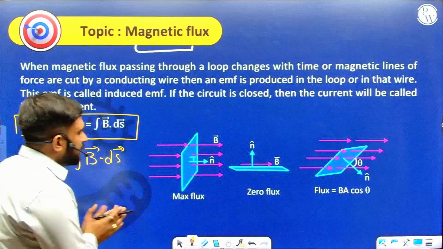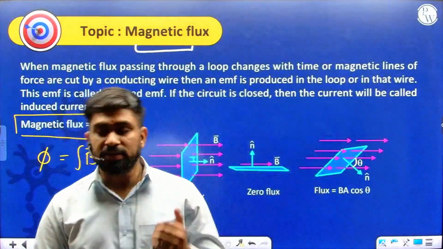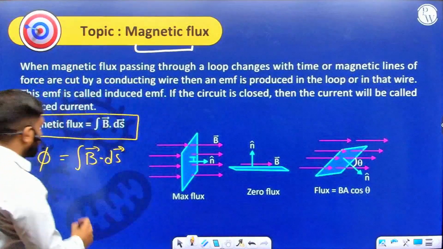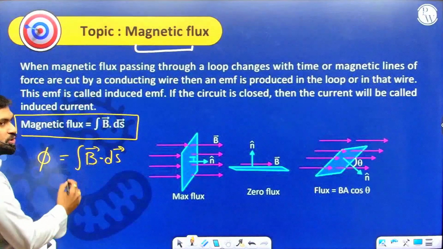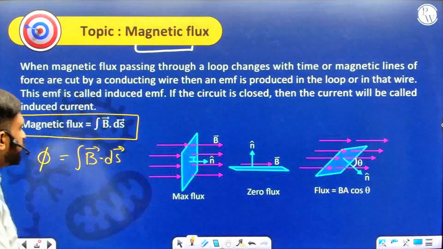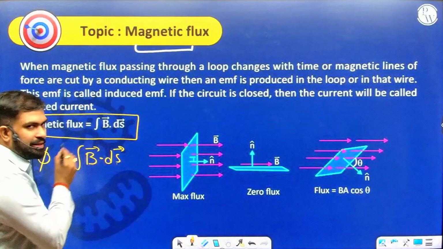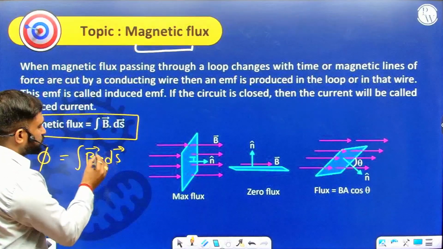Now there are a few aspects about this magnetic flux we need to discuss. First of all, this integration accounts for the non-uniform magnetic field. So be it uniform or non-uniform, this formula is valid in all scenarios. Magnetic field and area both are vectors, so we use the dot product.